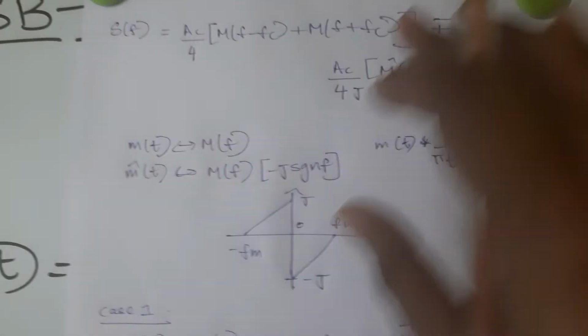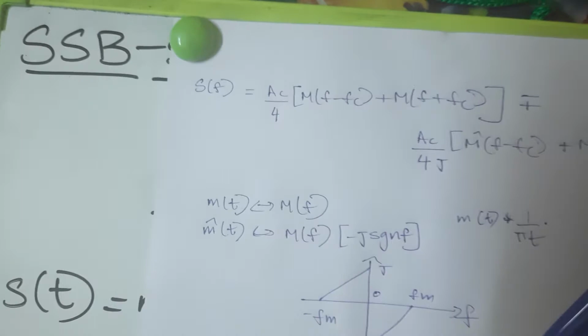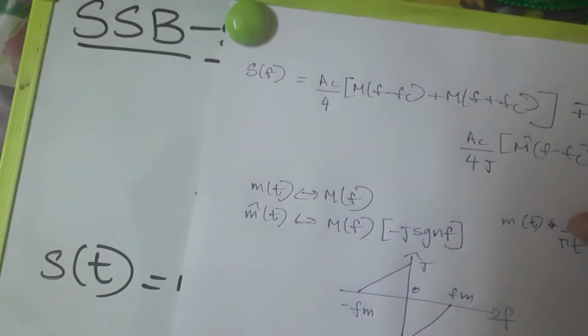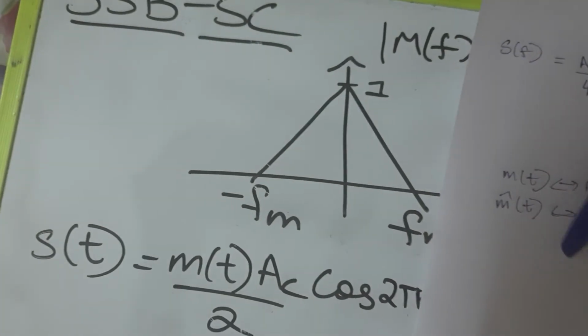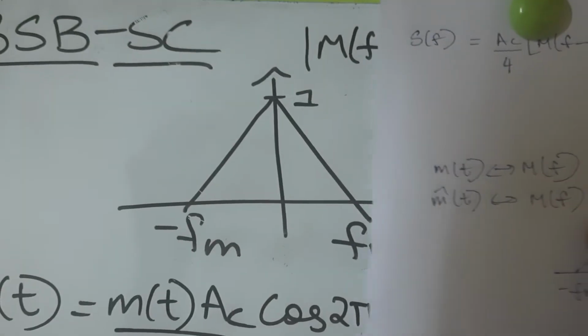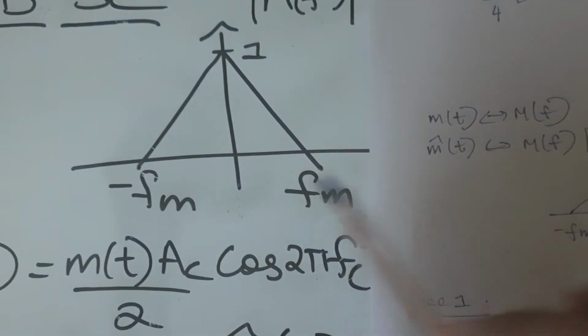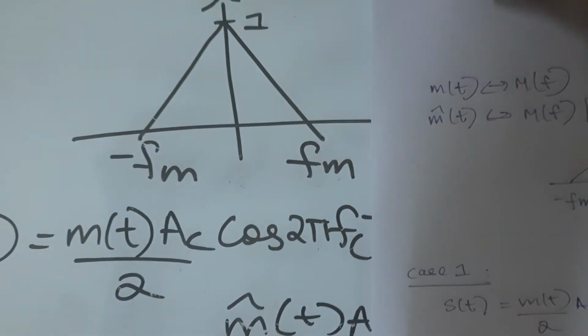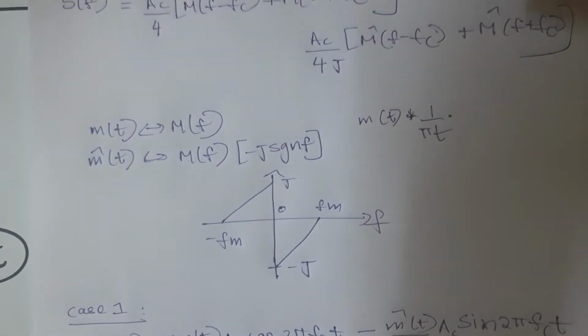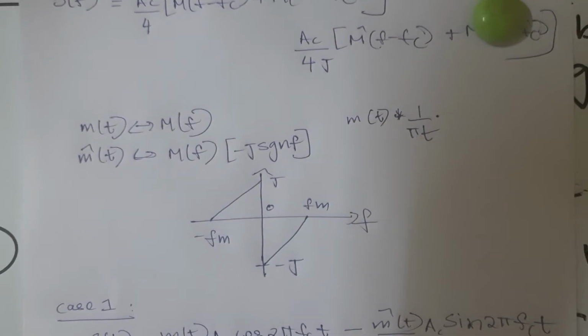Now, my initial spectrum was this. This was my M of f, and now my M of f is multiplied with minus j signum of f.